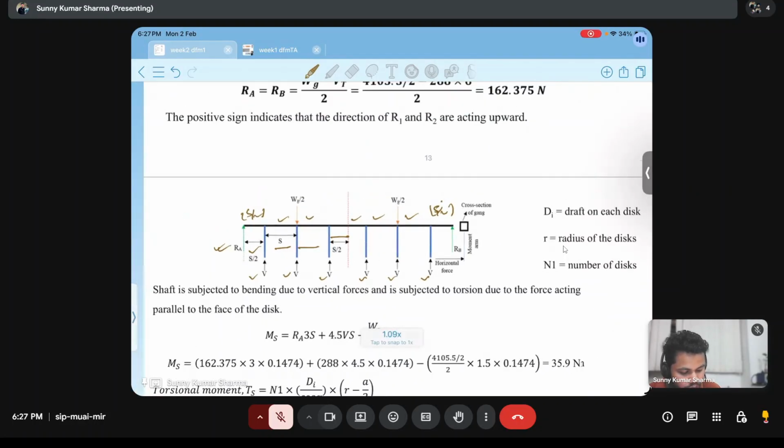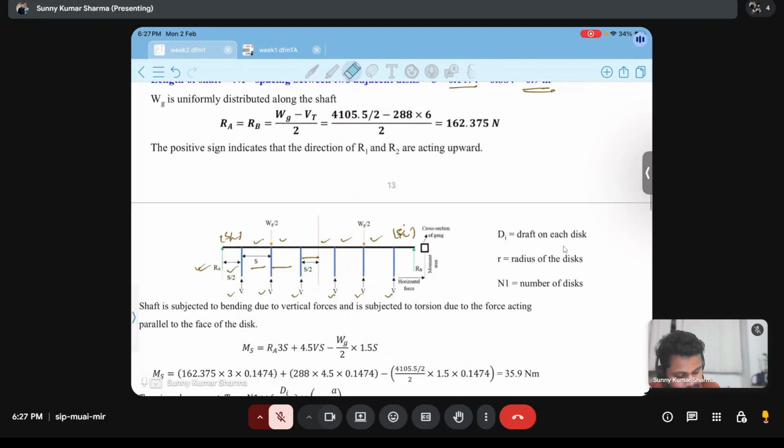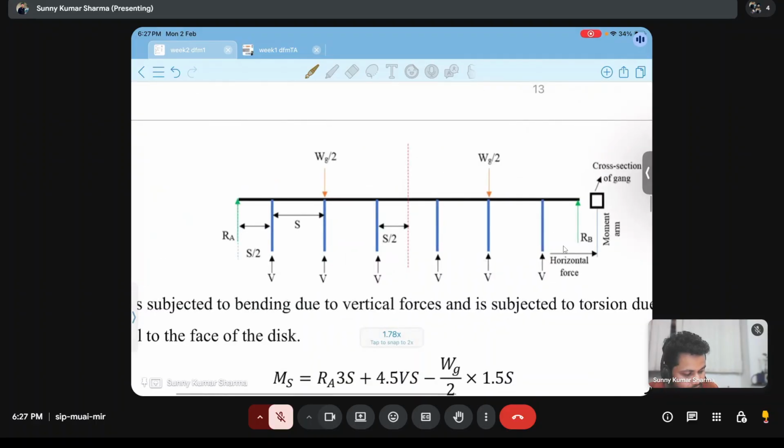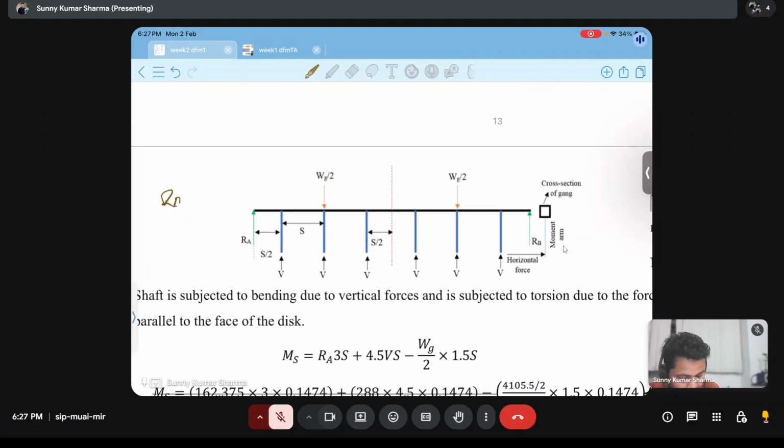So what will be the value of RA and RB? We will first find this. RA and RB will be equal. So RA plus RB is equal to all this: total 6V is there, and the weight of this gang, that is WG.